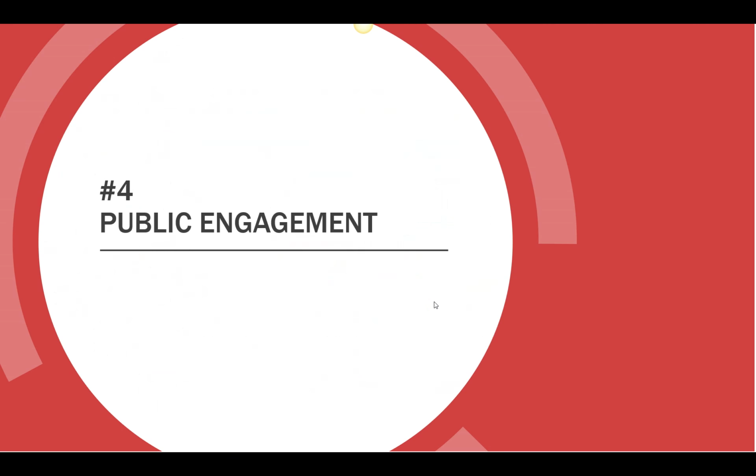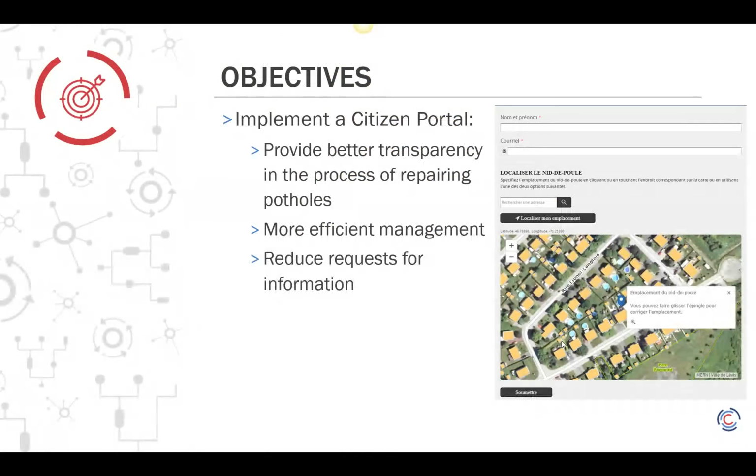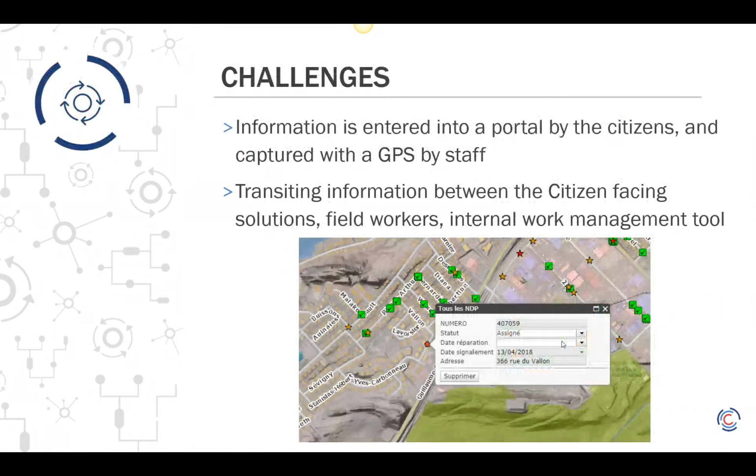So when we talk about public engagement, generally speaking, these are projects where FME is not front and center. Okay, so the pothole management system. Some of the challenges that they encountered: information is entered into a portal by the citizens, but data is also captured by the GPS staff, who are capturing the location of potholes.